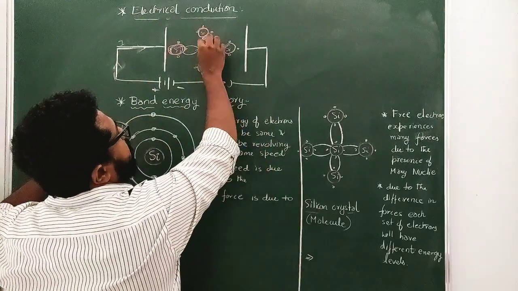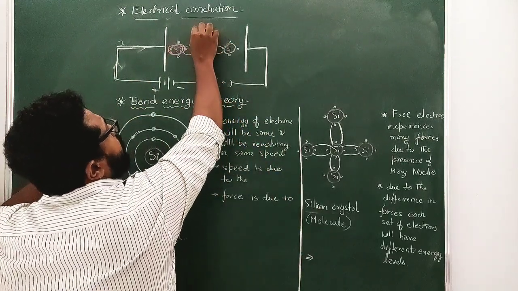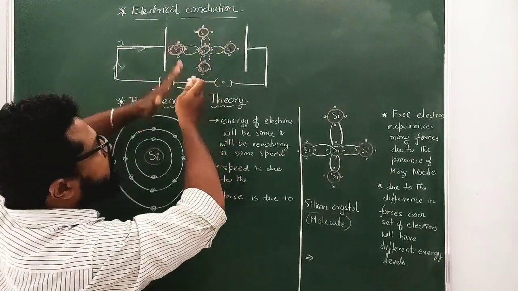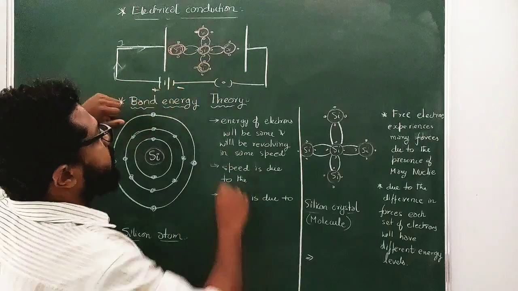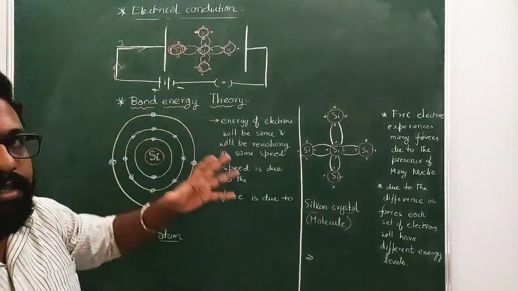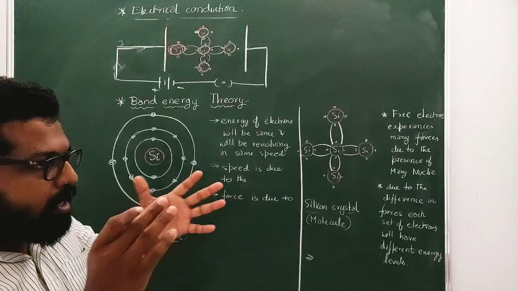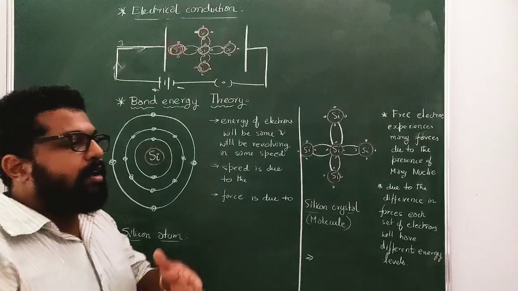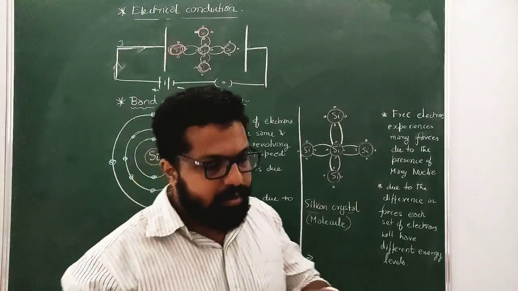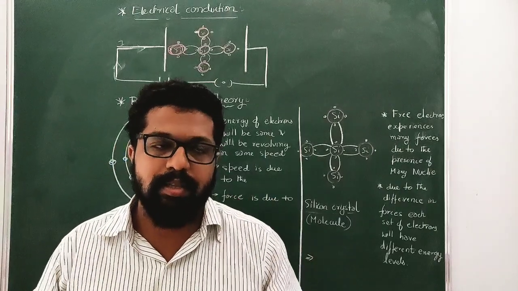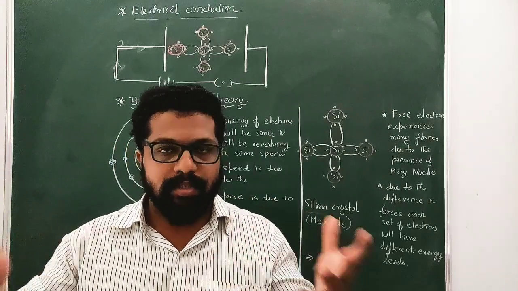Soon after that, the free electrons and holes come into play. The covalent bonding has already taken place, and when the temperature is brought to room temperature, free electrons are created.